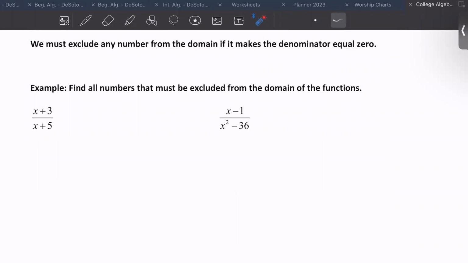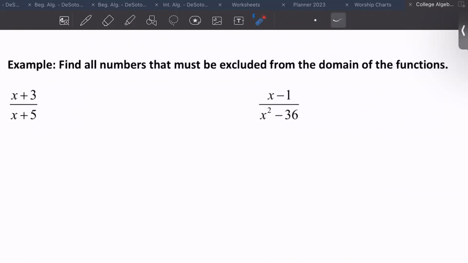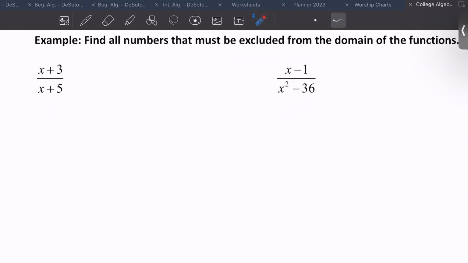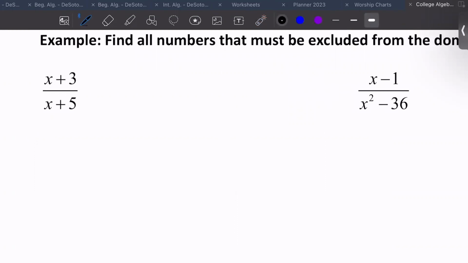Okay, so look at these two examples. It says find all the numbers that must be excluded from the domain of the functions. Here's our first one. All we're going to do is set the denominator equal to 0 and exclude.